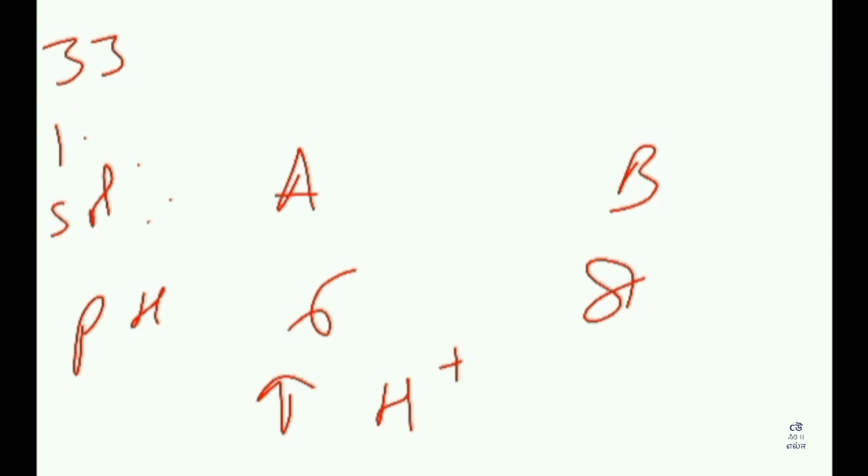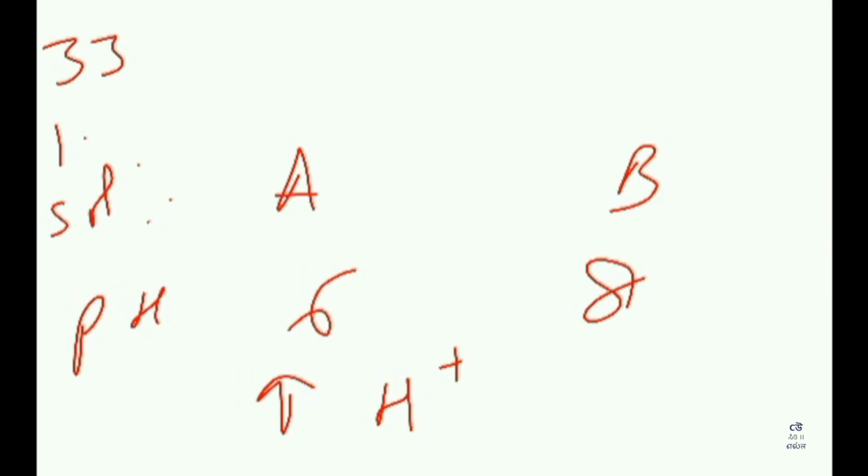So we'll say, in order to find the hydrogen ion concentration, we can use the rule that states the pH of any solution is inversely proportional to the hydrogen ion concentration. Therefore, this means that the solution which has a lower value of pH will have higher hydrogen ion concentration.